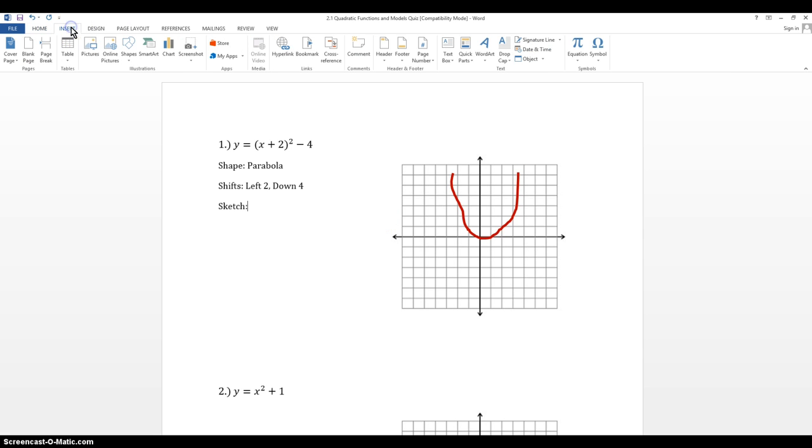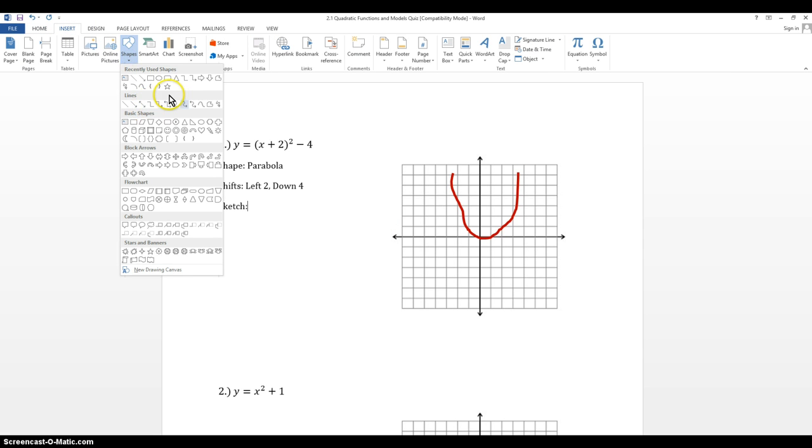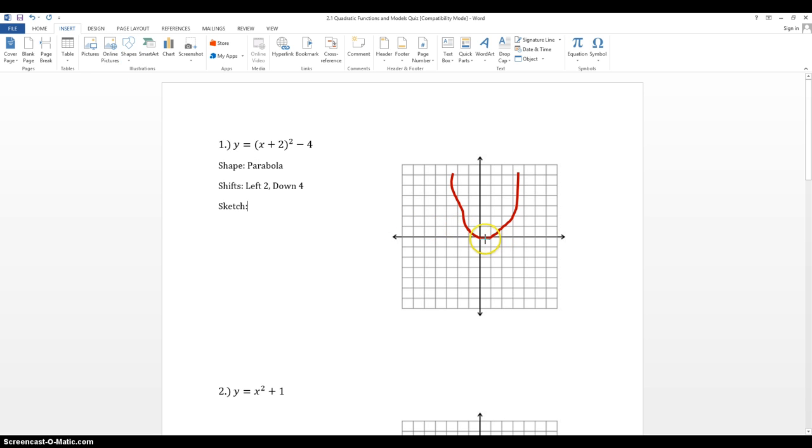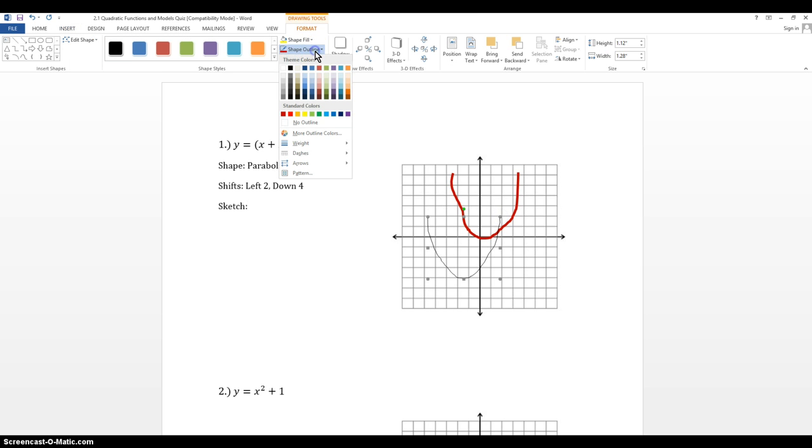Let me go ahead and draw the new transformation. Let me do the shifts again. Left 2, 1, 2, and then down 4, 1, 2, 3, 4. And that is my new transformation right there.